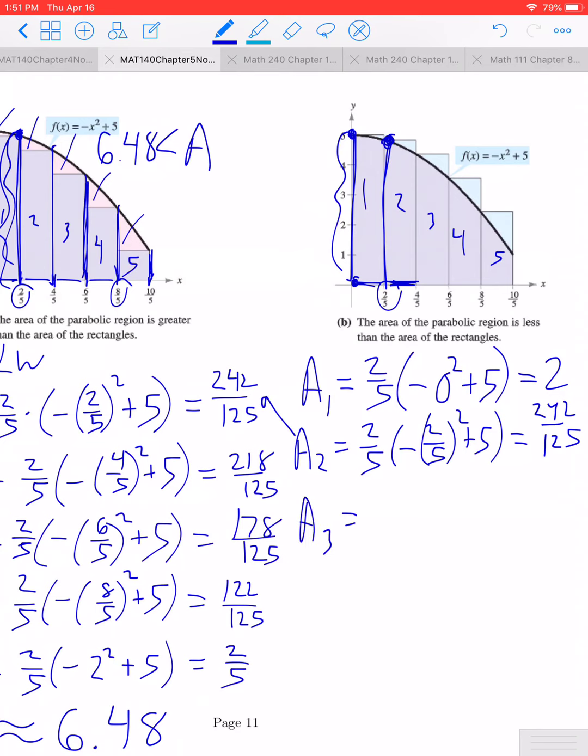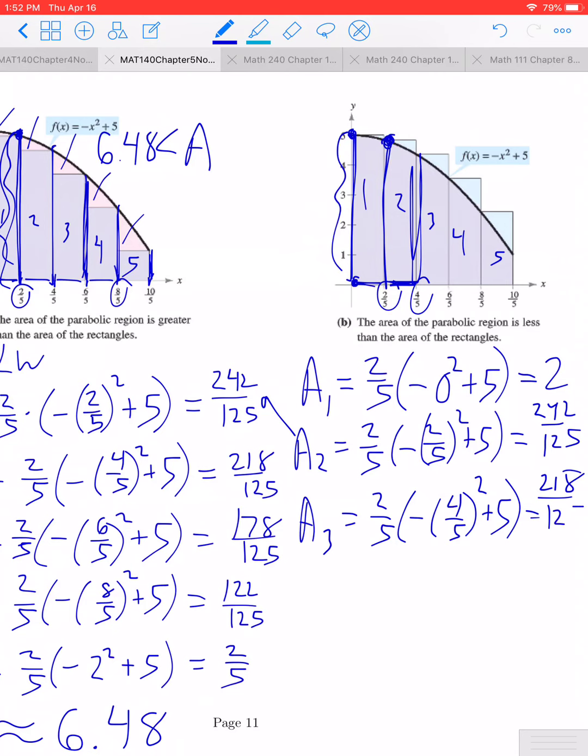The area of rectangle 3 would have as its height, or width I should say, the function evaluated at the left endpoint, which is 4/5. So that's 2/5 times negative 4/5 squared plus 5. Okay, we have done that one already. That's 218 over 125.